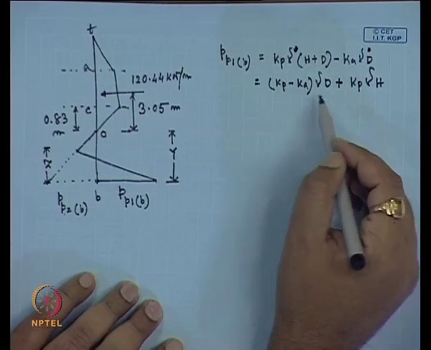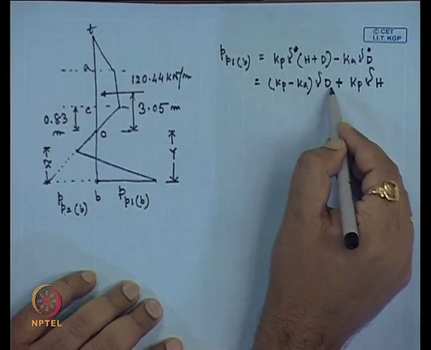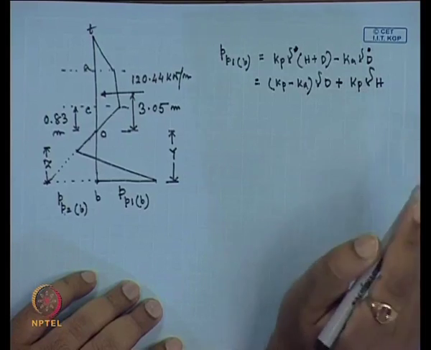So, K P minus K A into gamma D plus K P into gamma into H.